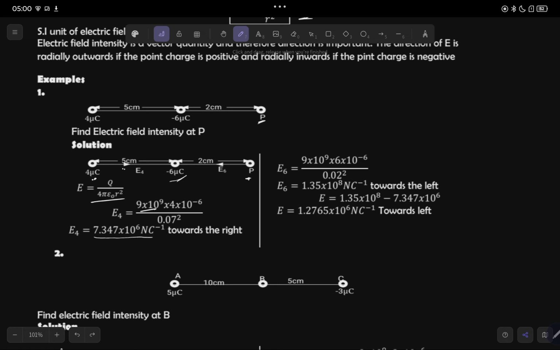So the one towards the left is negative 1.35, the one towards the right is positive. When we add these two, a negative plus a positive, we get a negative. After getting the negative, we can drop the negative in our final answer and say 1.2765 times 10 power 6 newton per coulomb towards the left.